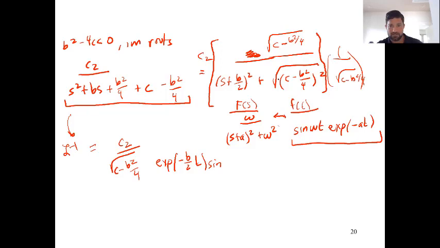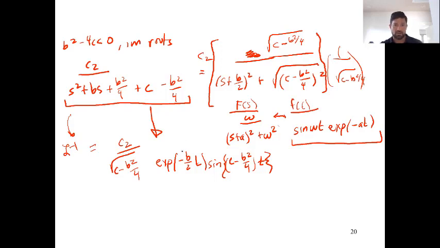Our omega term is this term right here, the square root term. So it's going to be sine of the square root of c minus b squared over 4 times t, and all of that is in the sine. So this would be the inverse Laplace in the time domain of this function that has imaginary roots, and it's always going to look like that if it has imaginary roots from that form.